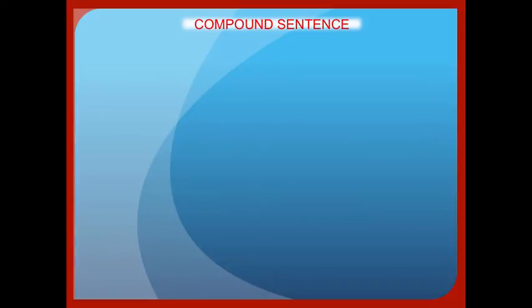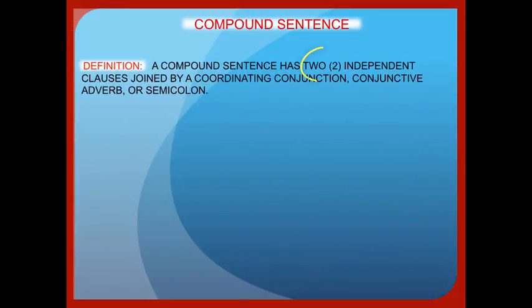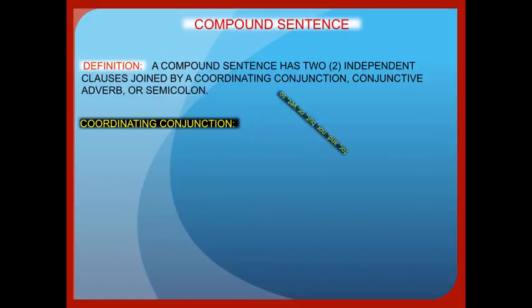The next type of sentence is compound sentence. A compound sentence has two independent clauses joined by a coordinating conjunction, conjunctive adverb, or semicolon. Coordinating conjunctions are for, and, nor, but, or, yet, and so.